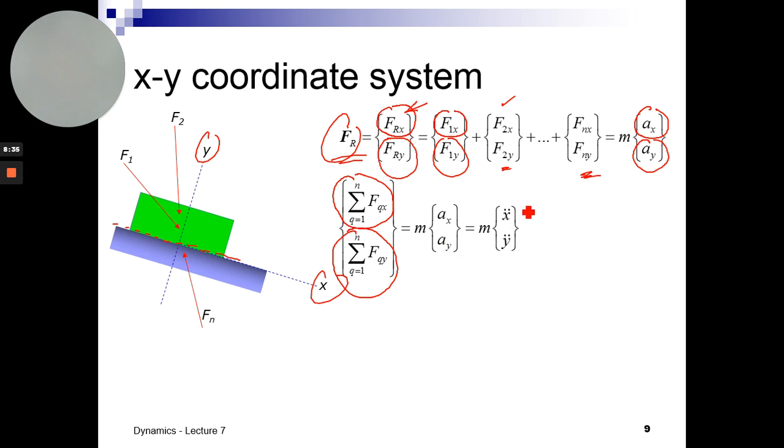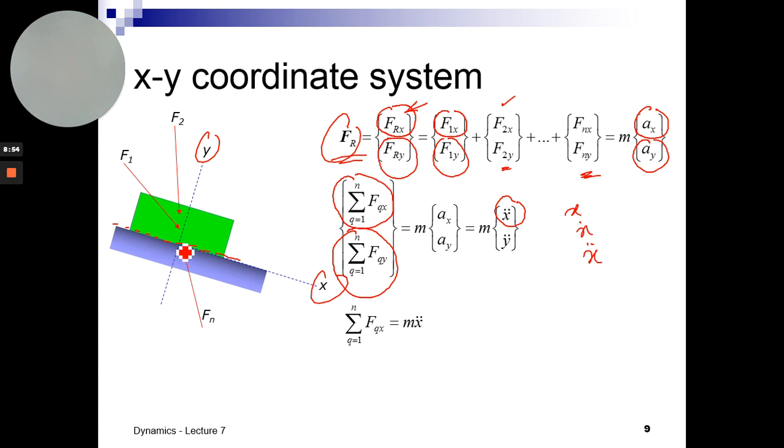This is another way of rephrasing the symbols. You know that x is position, x dot is velocity, and x double dot is acceleration.